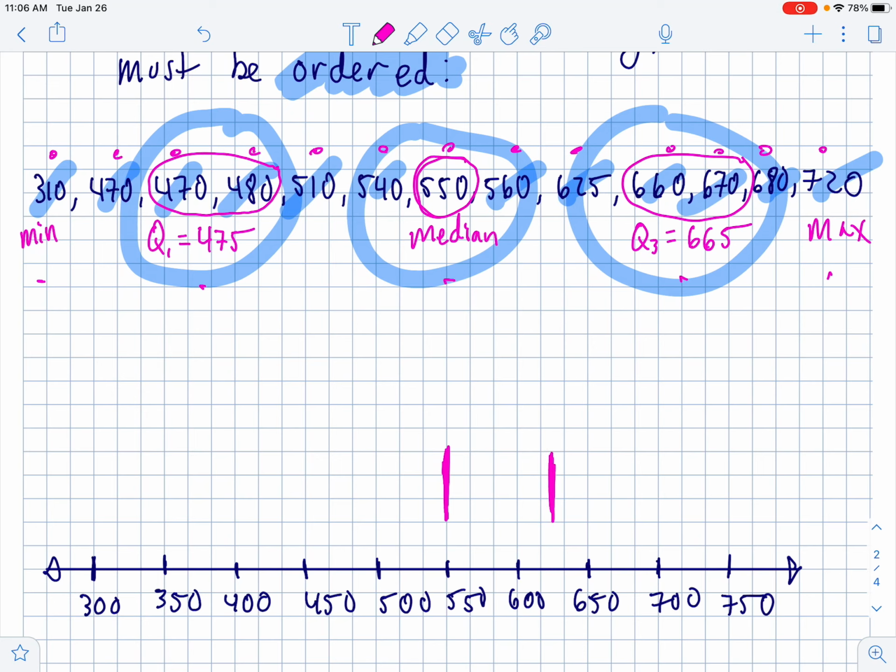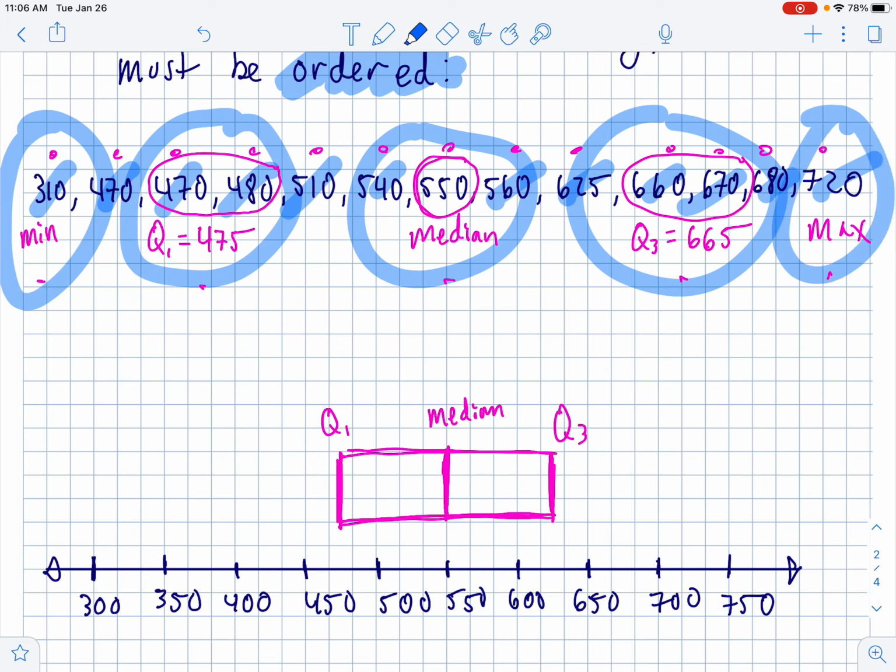And then the lower quartile is 475, so that's halfway in between these 2 things. And then you make your box. So this was Q1, this is median, this is Q3.